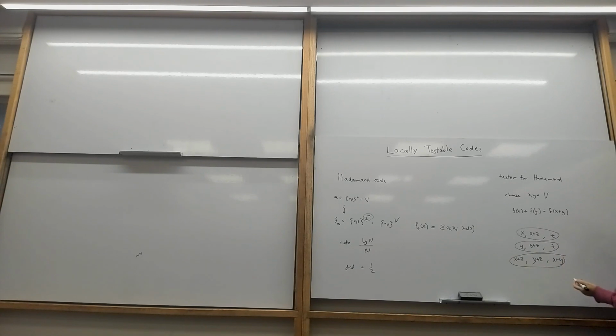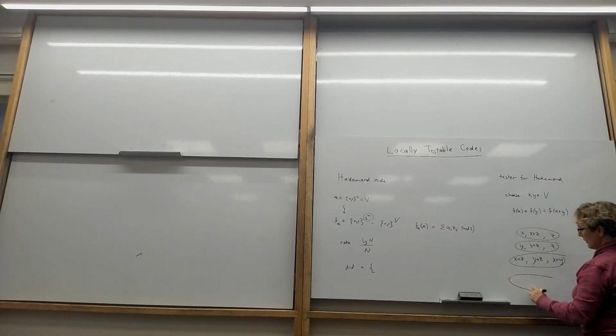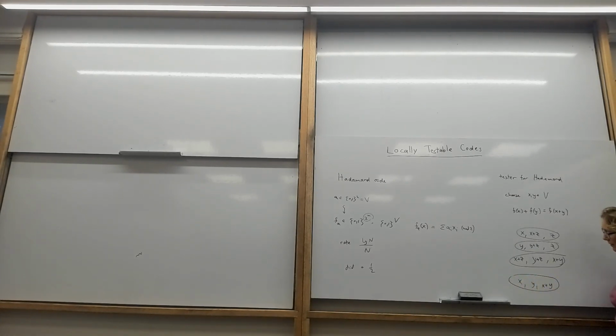I call it a constraint because if you query the function f at these 3 points, you expect to get 0. And the sum of these 3 constraints is a fourth constraint, which is x, y, x plus y. So what comes out of this is that you get a loop of constraints.